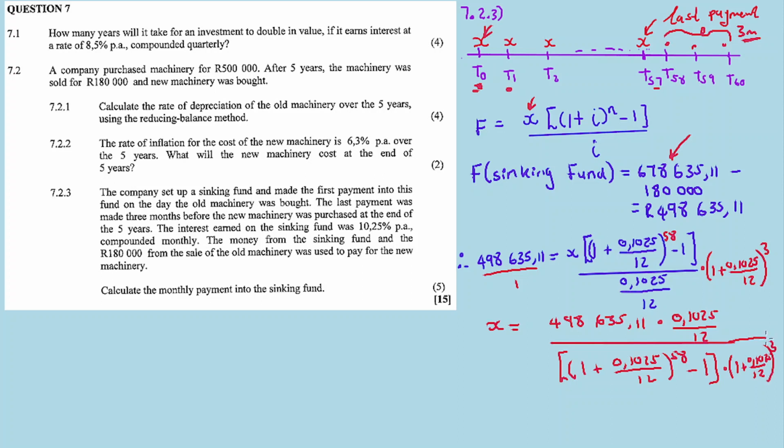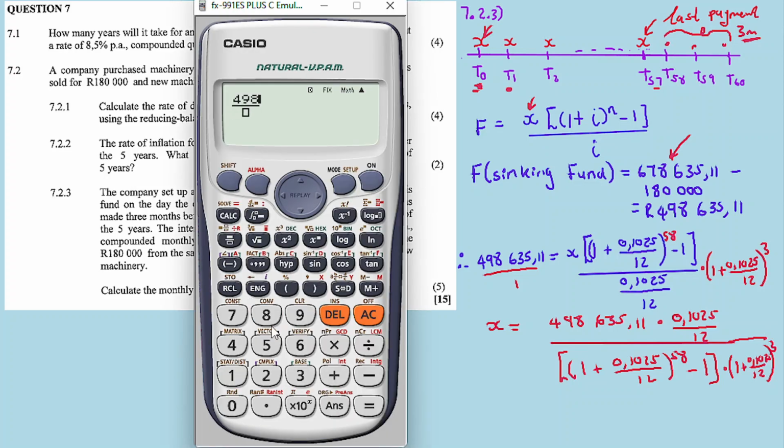So therefore x is equal to 498,635 times 0.1025 divided by 12, and then bracket 1 plus 0.1025 divided by 12 close bracket raised to exponent 58 minus 1 close bracket, open another 1 plus 0.1025 divided by 12 raised to exponent 3.